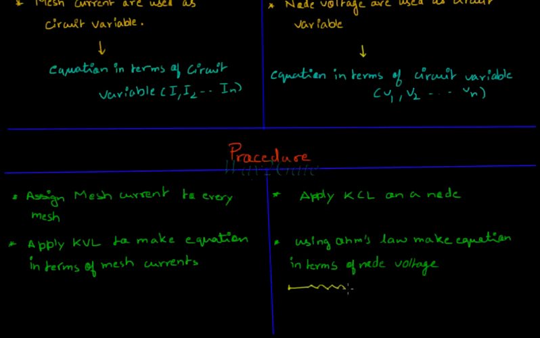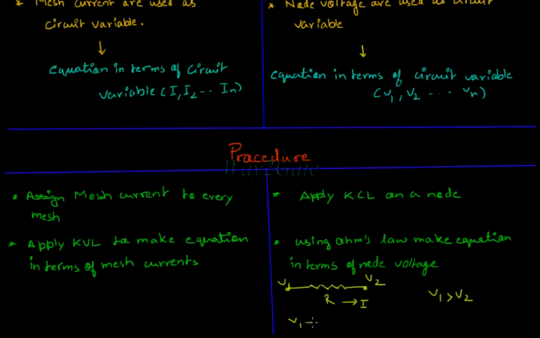Let's consider two nodes having voltages V1 and V2 connected with a resistance R. If V1 is greater than V2, then current will flow from V1 to V2, as current flows from higher potential to lower.